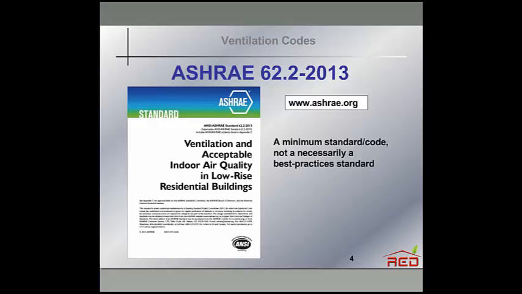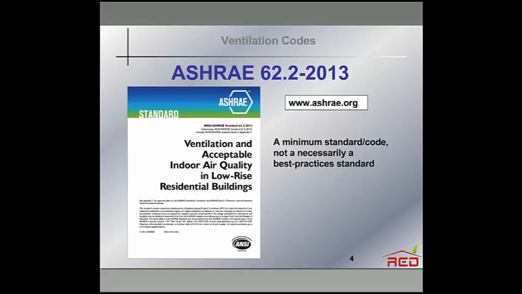As many of you know, this standard has been required by the Department of Energy Low-Income Weatherization Program for quite some time. But that is for existing homes. States are starting to adopt this standard for new construction. As far as I know, the state of Maine was the first to adopt it in 2008.